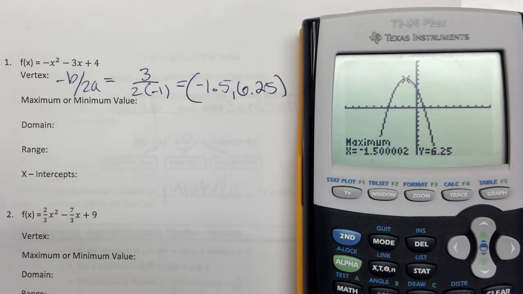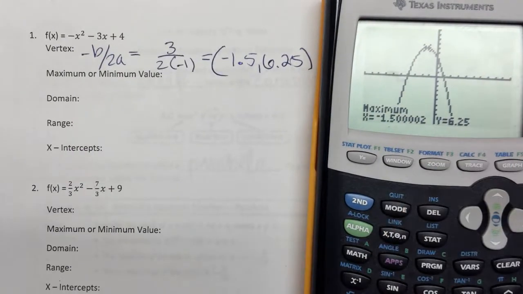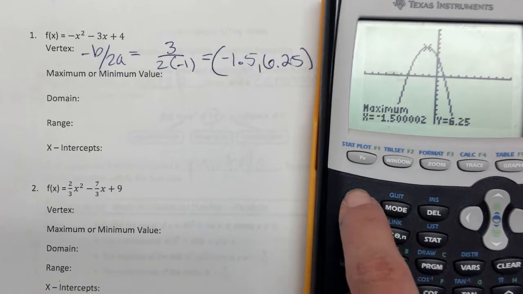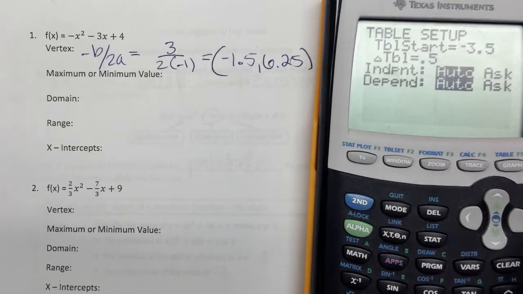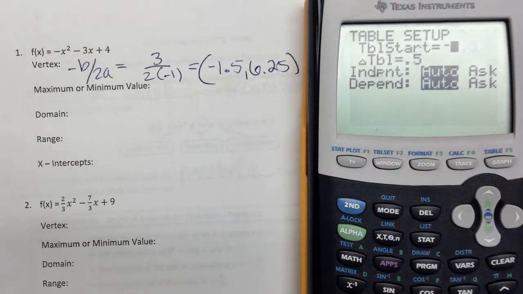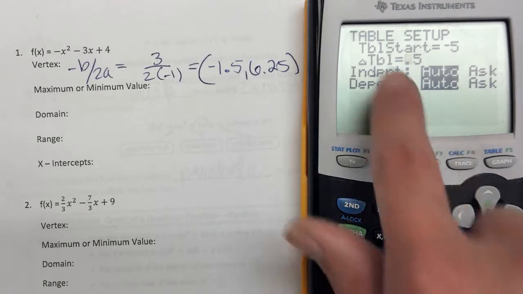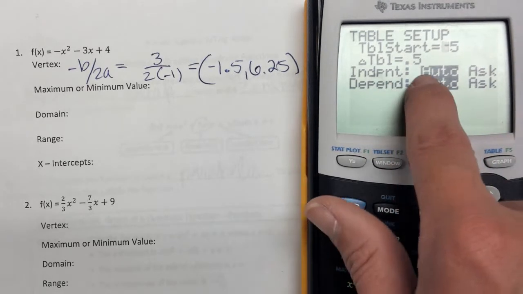Another option you can do, I'll show you how to use your table button if you have to make a table. First, go to second, this button, then hit table set, it's right here, and change your numbers to -5. Table start should say -5, and your table should be 0.5. Change those numbers to -5 and 0.5.